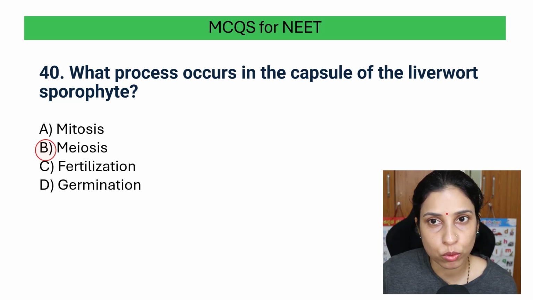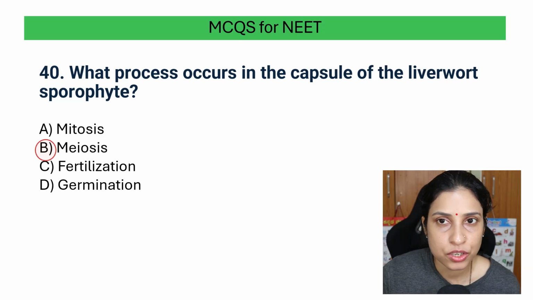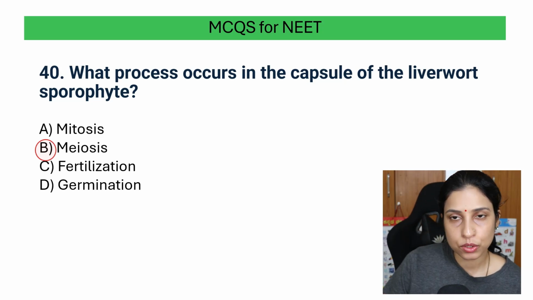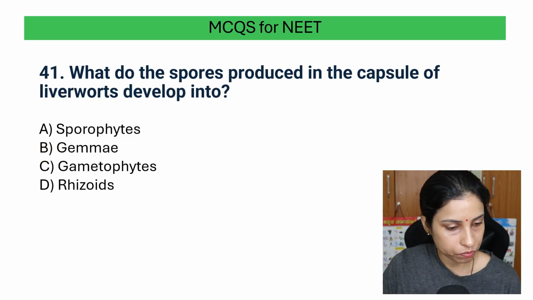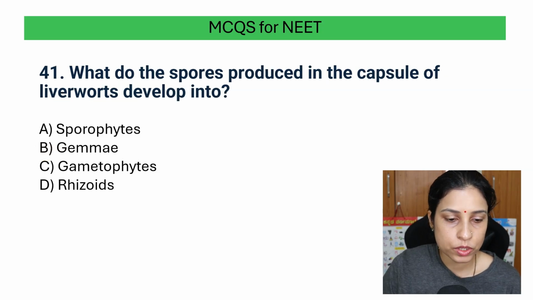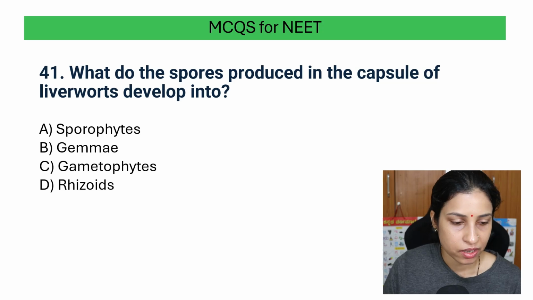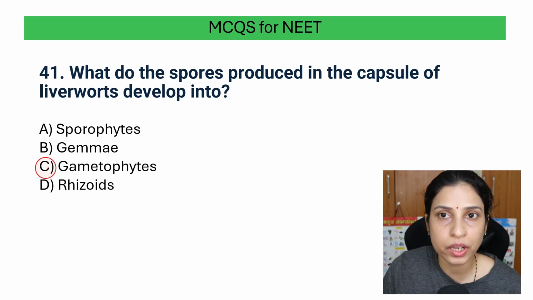Inside the capsule only spores are formed, so a reductional division should happen. So meiosis is happening. Next, what do the spores produced in the capsule of liverworts develop into? Spores germinate. What do they develop into? Sporophyte, gemmae, gametophyte, or rhizoid. They develop into a gametophyte.